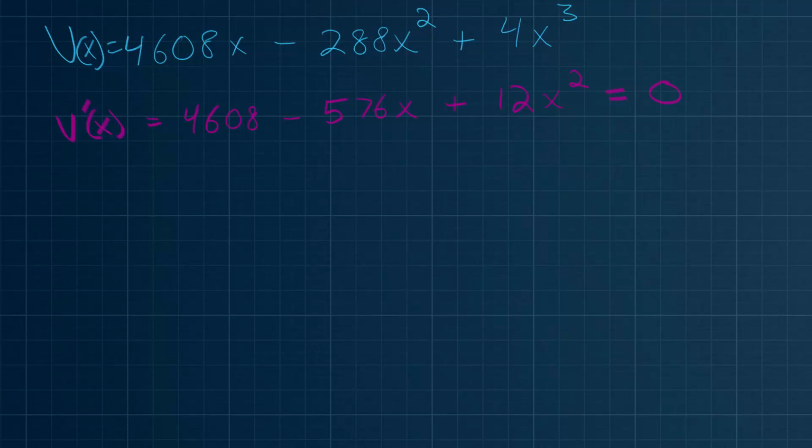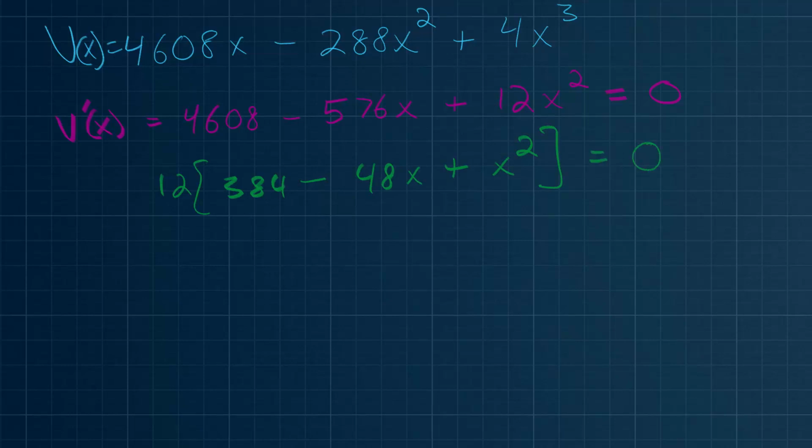The next step is to use the quadratic formula to solve for the zeros. I can make it a little bit easier on myself. Each of these terms has a factor of 12 in them, so if I factor 12 out of 4,608, I get 384 minus 48x plus x squared, all equals 0.